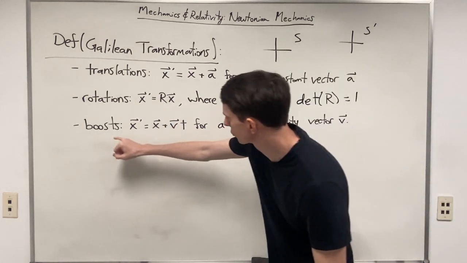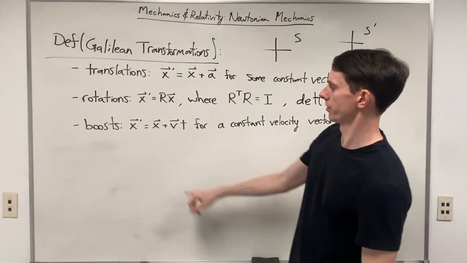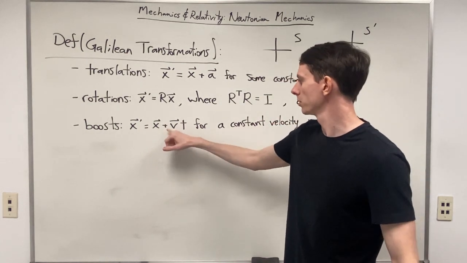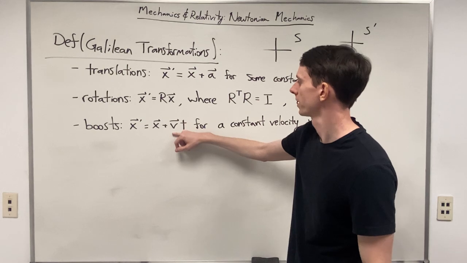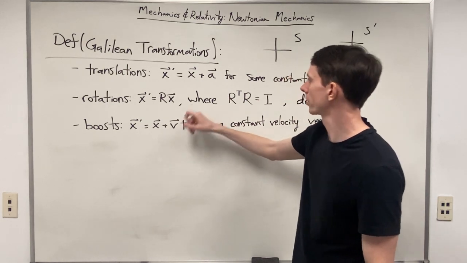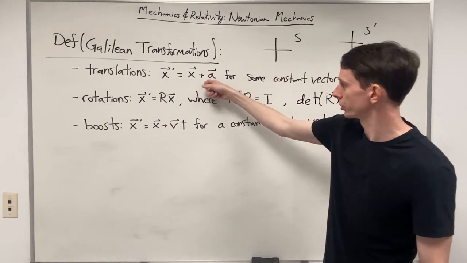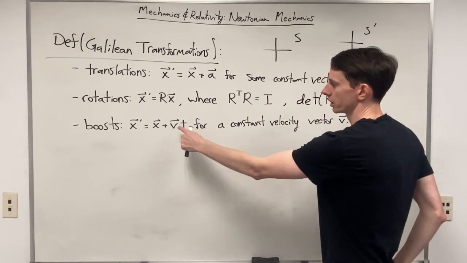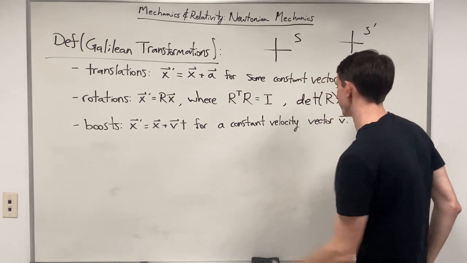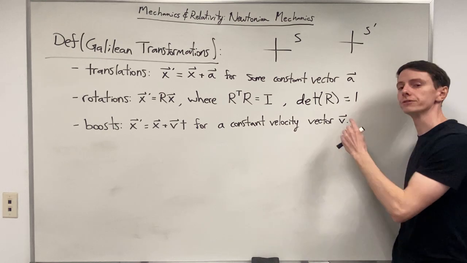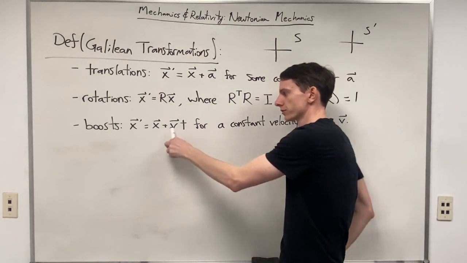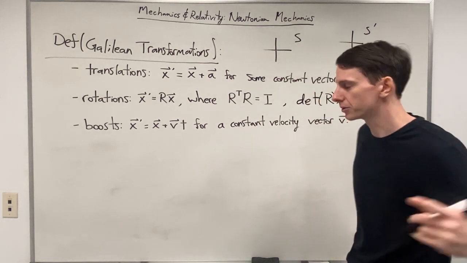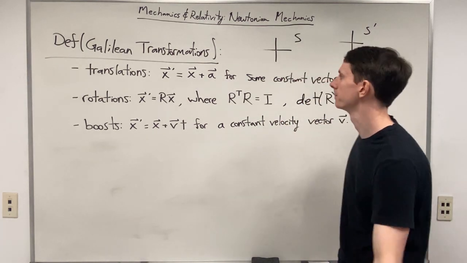And the final one is through a boost, where the primed reference frame is equal to the unprimed reference frame plus this additional factor. This additional factor is no longer a constant like it was with the translations case, but it's equal to a product of two things, v times t, where v is a constant velocity vector. So this is a constant vector v, but it's getting scaled by a parameter t, which stands for time.